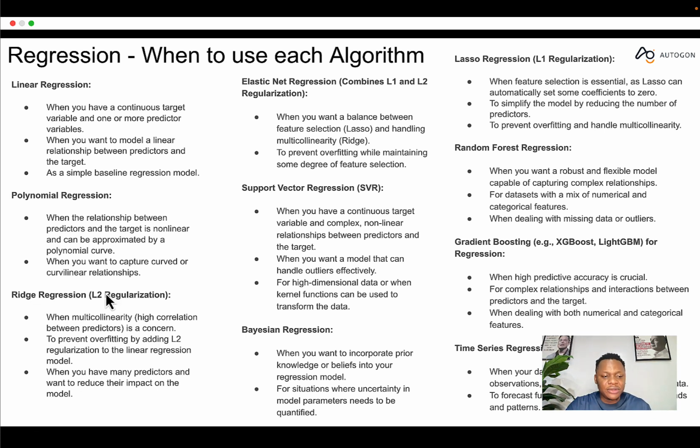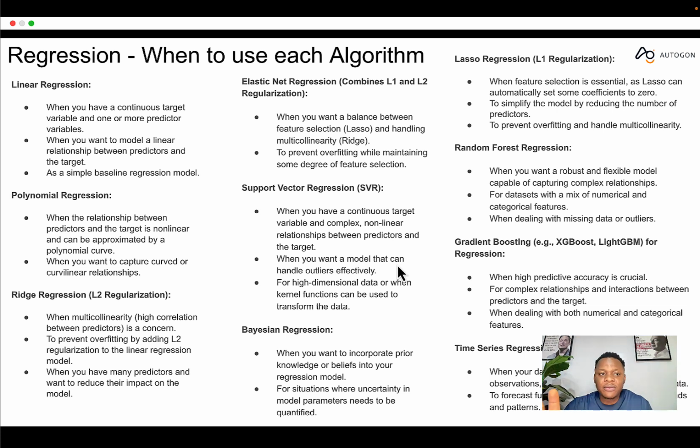And ridge regression, when multicollinearity, high correlation between predictors, is a concern, to prevent overfitting by adding L2 regularization to the linear regression model. Elastic net regression, we have the support vector regression, which is a very beautiful one when you have a continuous target variable and a complex non-linear relationship between predictors and the target variable.